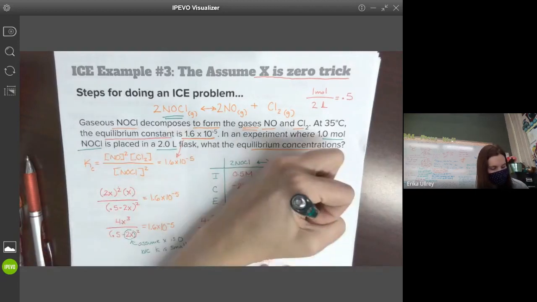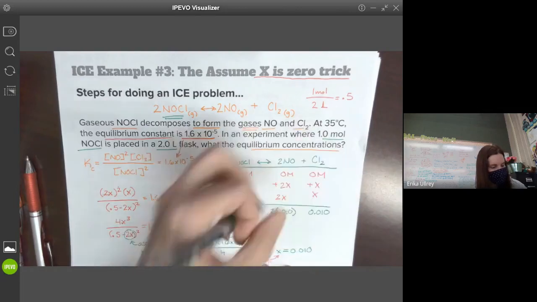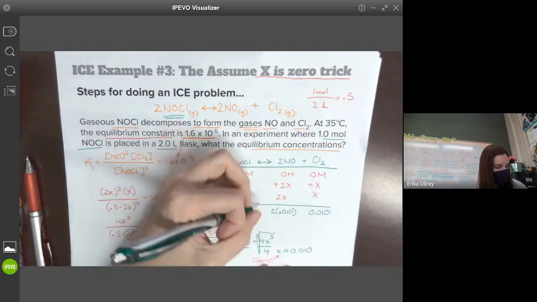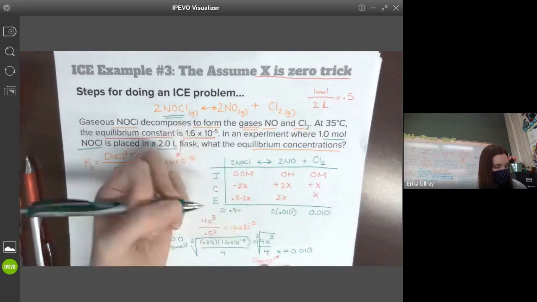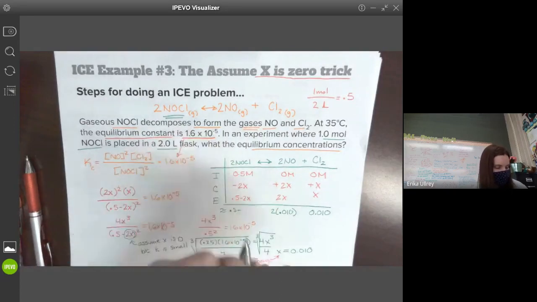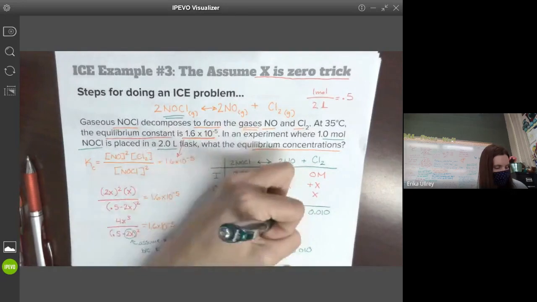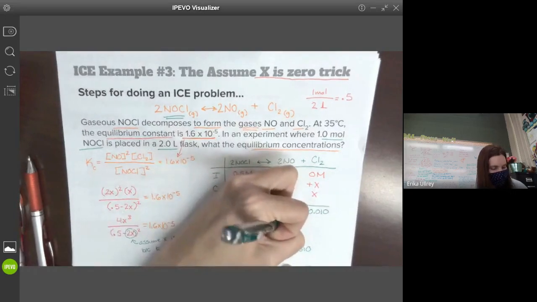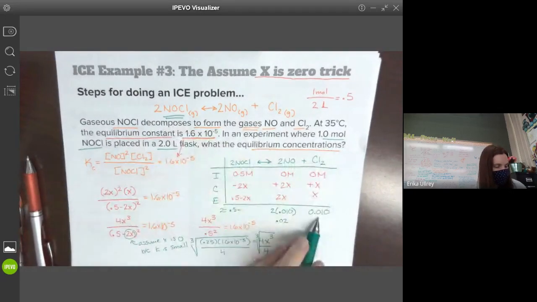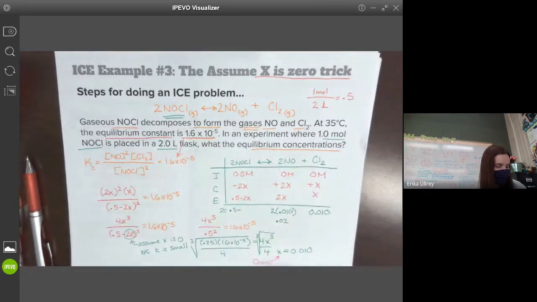And then x right here is just 0.010. So this tells us that our concentration of NOCl is roughly 0.5. It's not that much different. Our concentration of NO is 0.02, and our concentration of Cl is 0.010.